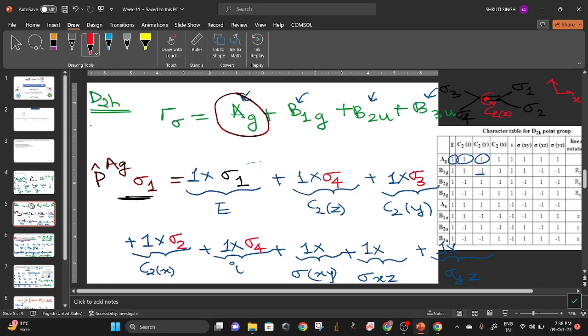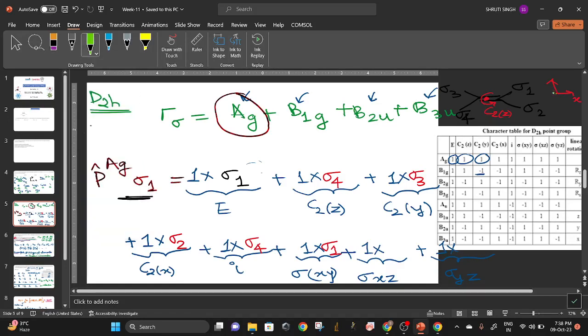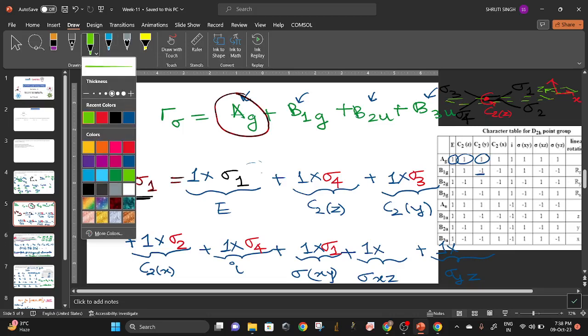Under sigma xy, sigma 1 stays sigma 1. Then sigma xz. Let me see. This is sigma 1, this is sigma 2, this is Z. So a plane like this will be sigma xz, so it will be sigma 2.